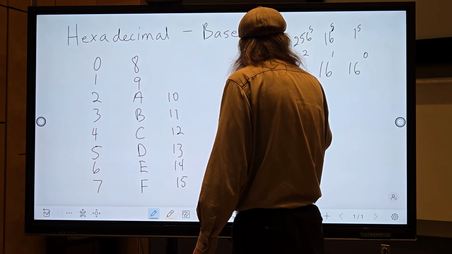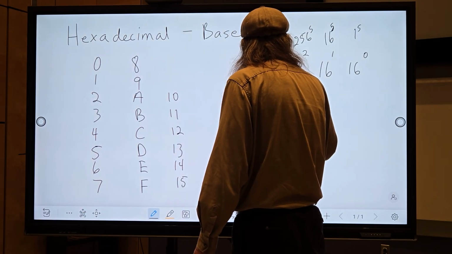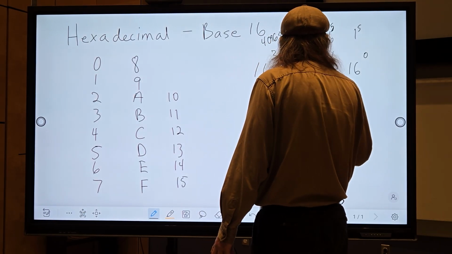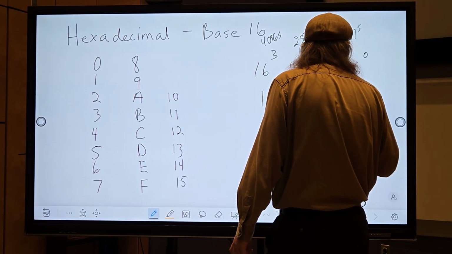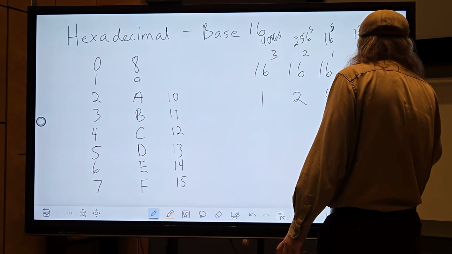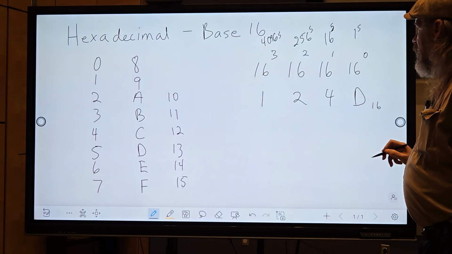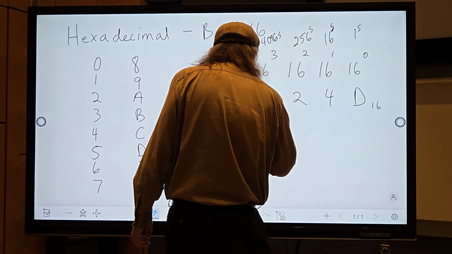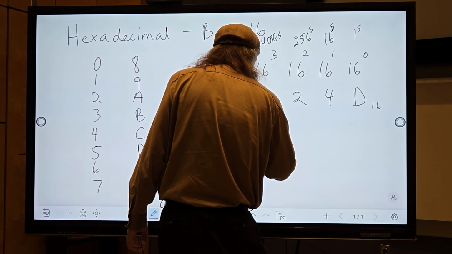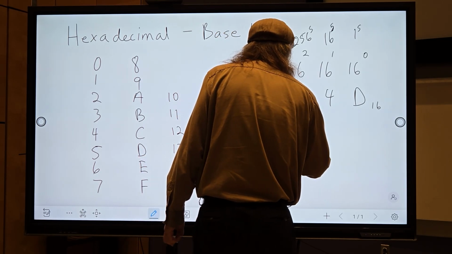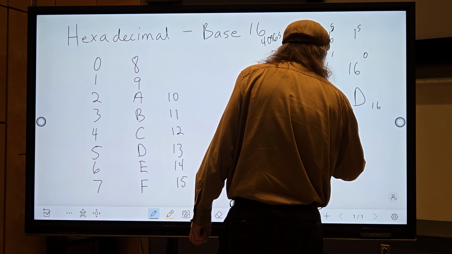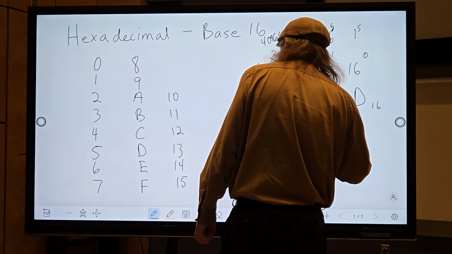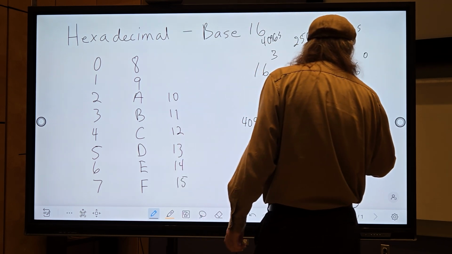Say you have the hexadecimal number 1, 2, 4, D, base 16. So that's 4096 plus 512 plus 64 plus D, which is 13.